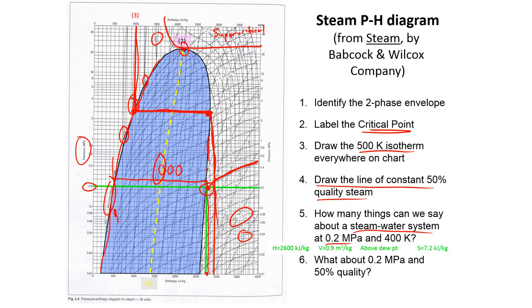And then the last thing is entropy. This is a constant entropy line, and that is 7.2. I'm just going to erase some of these lines here so we can see it a little better. But here is the entropy: 8.5, 9, 9.5.